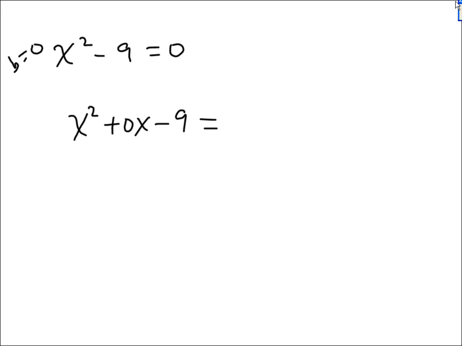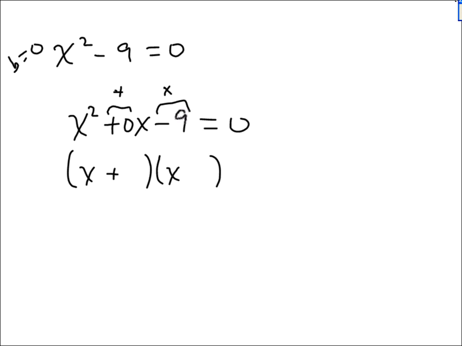Here, you have x squared minus 9. This is when b is 0. Now there are two ways of doing this. You can think of it as x squared plus 0x minus 9 equals 0. So since it's x squared, I'm going to try to factor it this way. I want two numbers that multiply out to negative 9 that add up to 0.